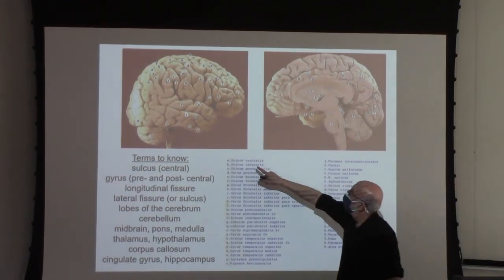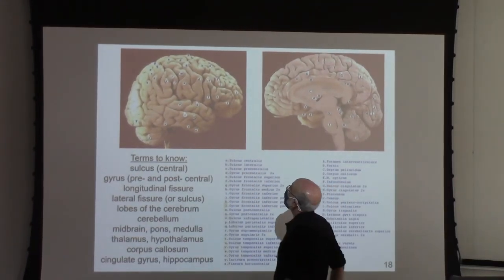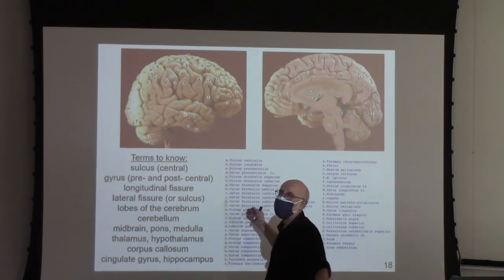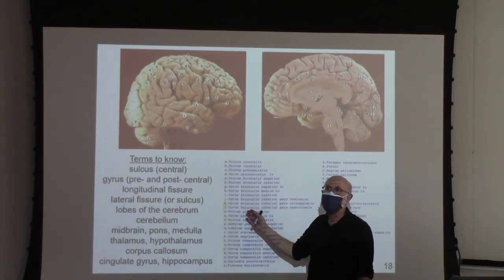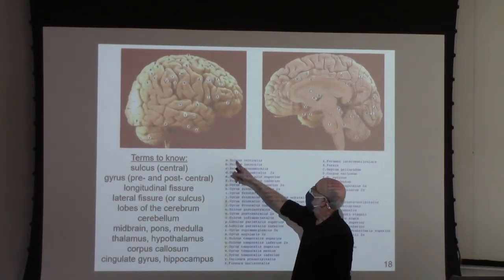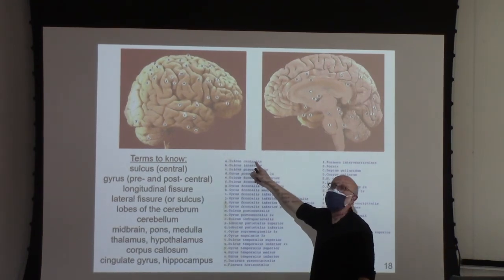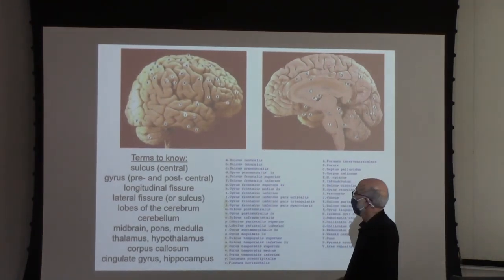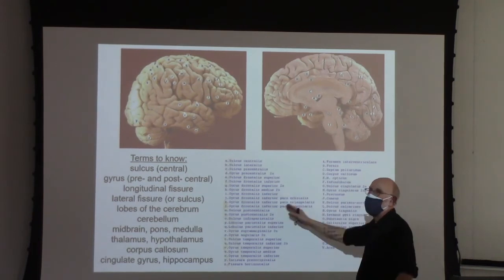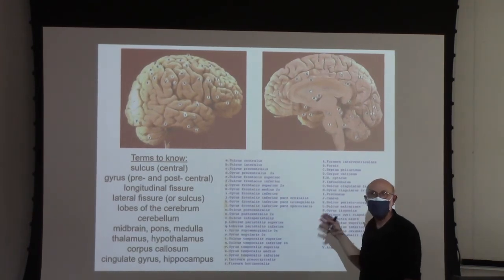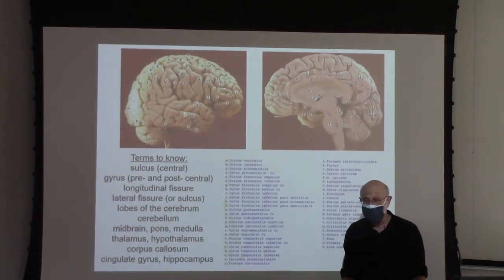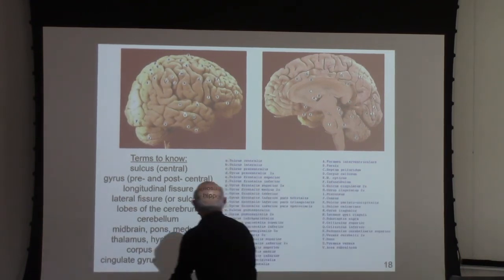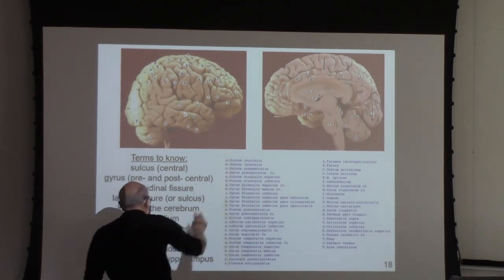So, A, some central sulcus. This is written in Latin, but you can translate the Latin to English. Sulcus centralis is the central sulcus. You don't need to know this, but you can play the game and learn more than I want you to know. So A is the central sulcus.